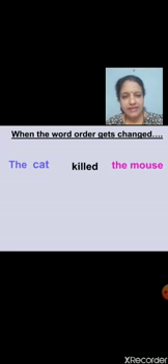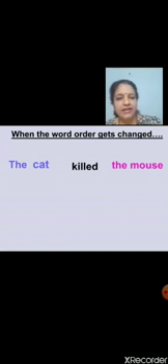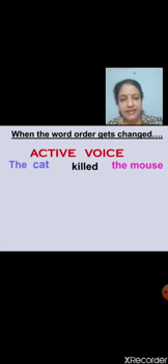Now, let us revise again how to change the voice when the word order gets changed. In the same sentence, the word order is getting changed. The cat killed the mouse. This sentence we know is an active voice.